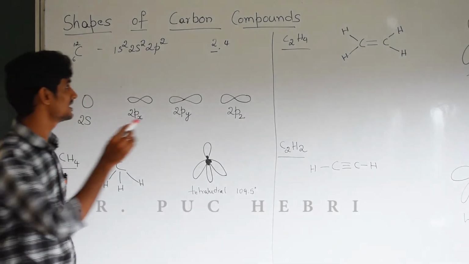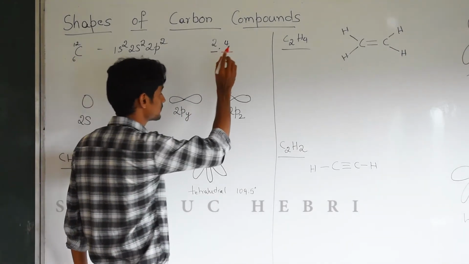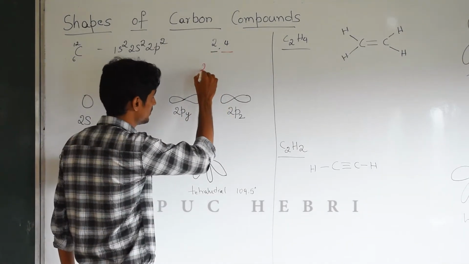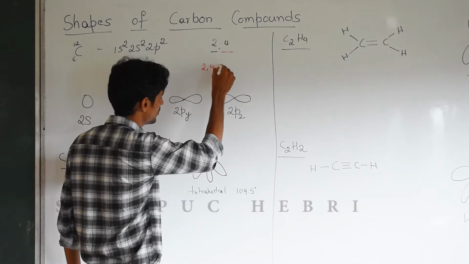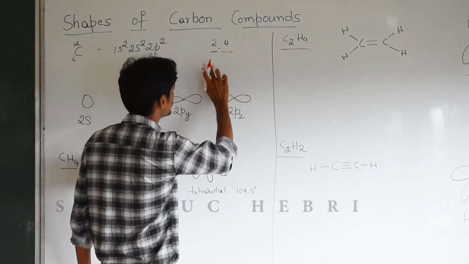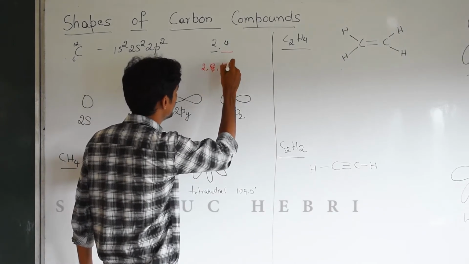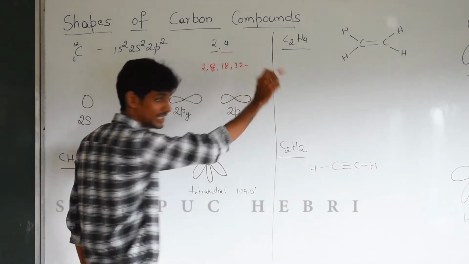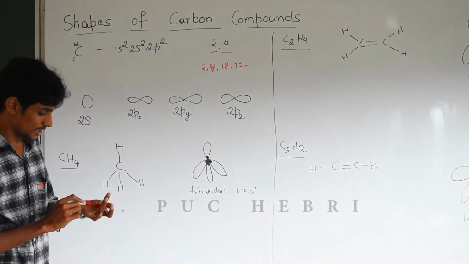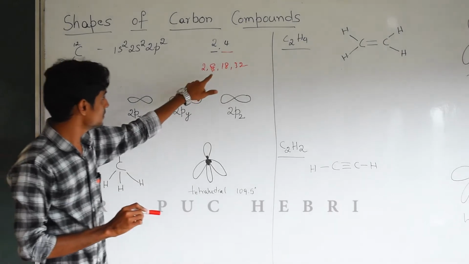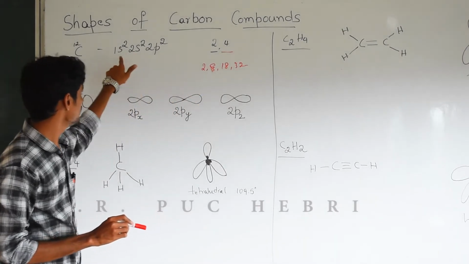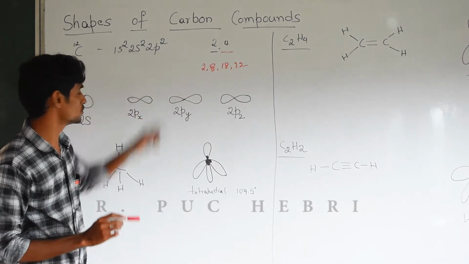but you have studied it like 2, 4. I know it will be like 2, 4, 8, 18, 32, like this it goes on. But here I have written 1s2, 2s2, 2p2.